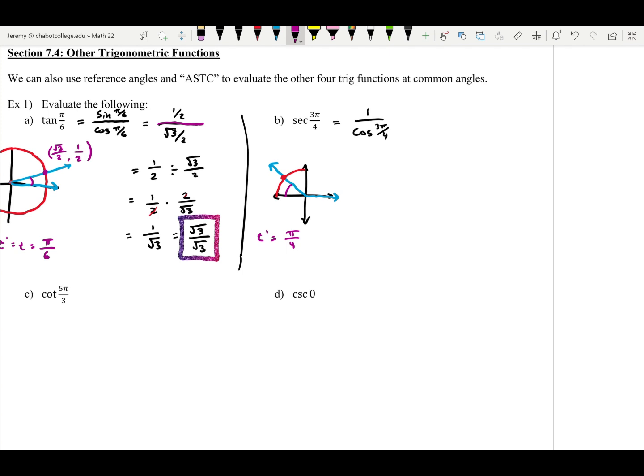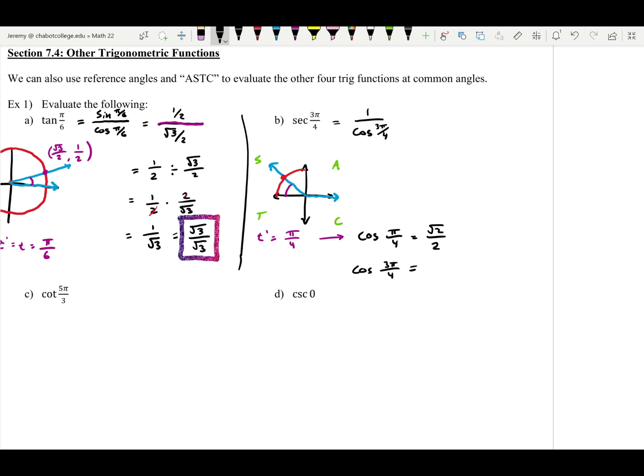Now, again, just working with cosine here. Cosine of pi over 4 is root 2 over 2. I got that from the unit circle. Okay, and then using all students take calculus, what is the sign of cosine of 3 pi over 4?